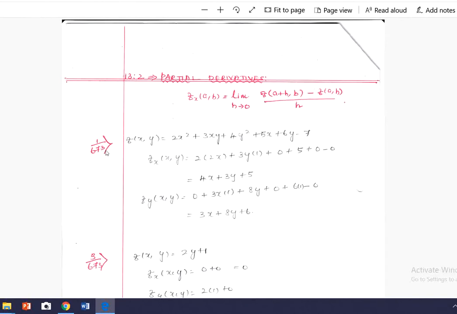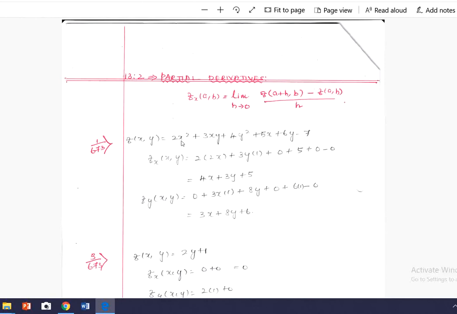Question number 1, page 673. f(x, y) = 2x² + 3xy + 4y² + 5x + 6y - 7. What we have to do is differentiate this function for x and also for y. Listen carefully, because it's a combined function.